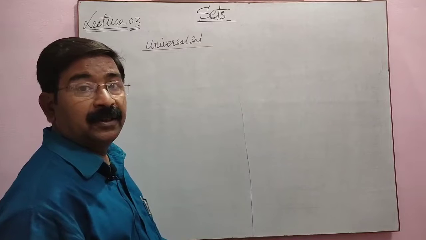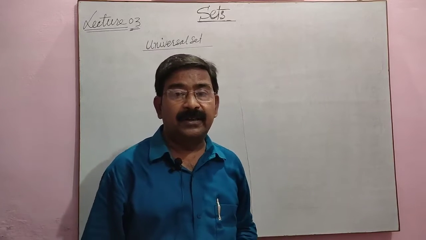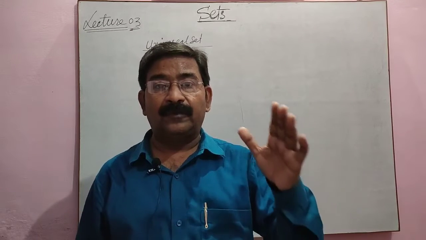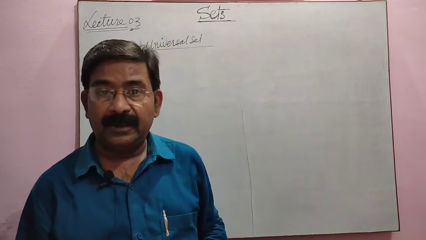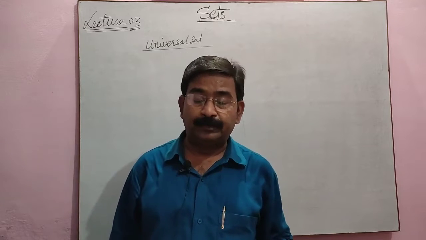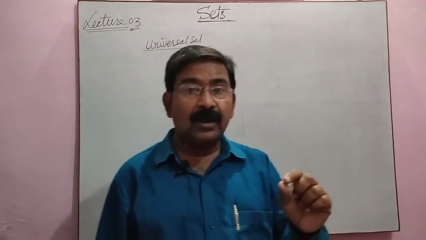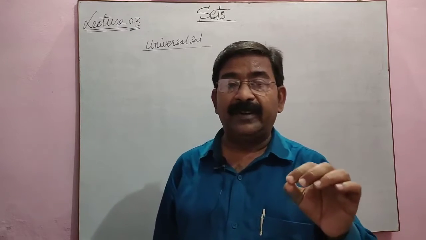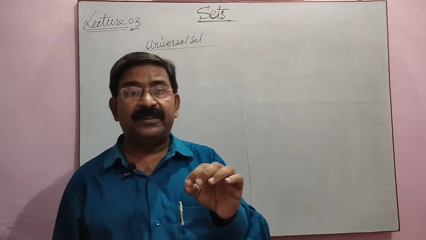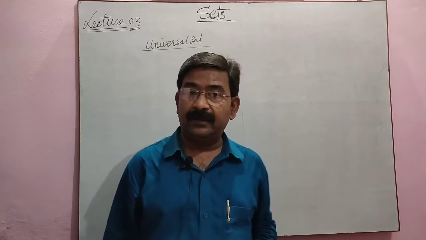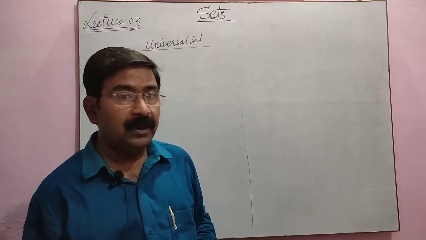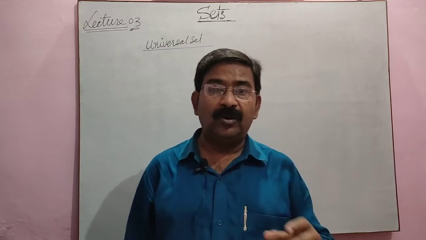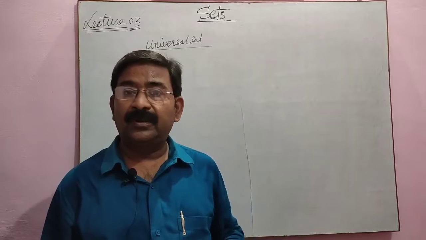Universal set. A universal set is a set which contains all the elements of those sets which are of its own kind. Just try to understand what I am telling you. Own kind means, suppose we have a set of all natural numbers.